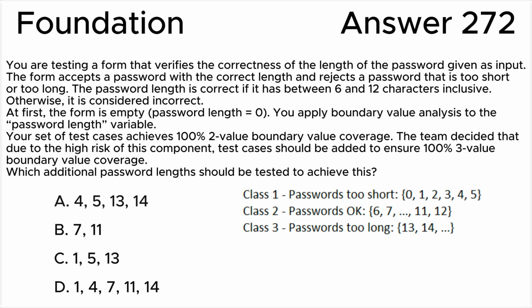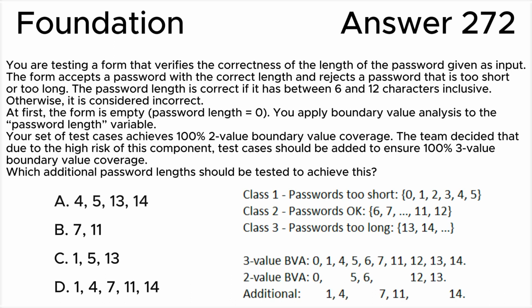Class 3 is passwords too long: 13, 14, and more. To achieve full coverage for three-value BVA, we need to test the following values: 0, 1, 4, 5, 6, 7, 11, 12, 13, 14.